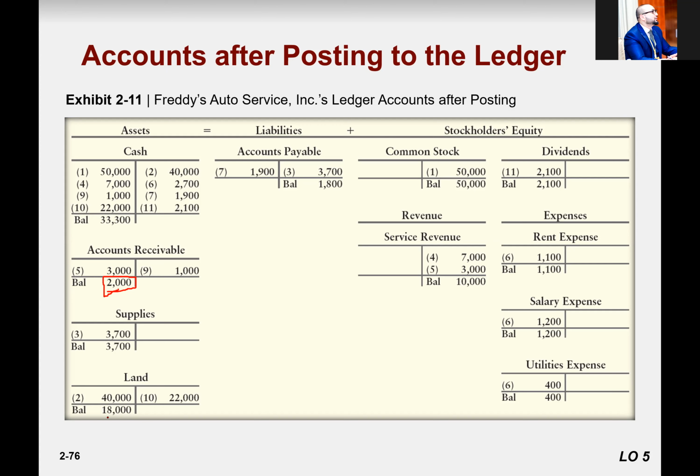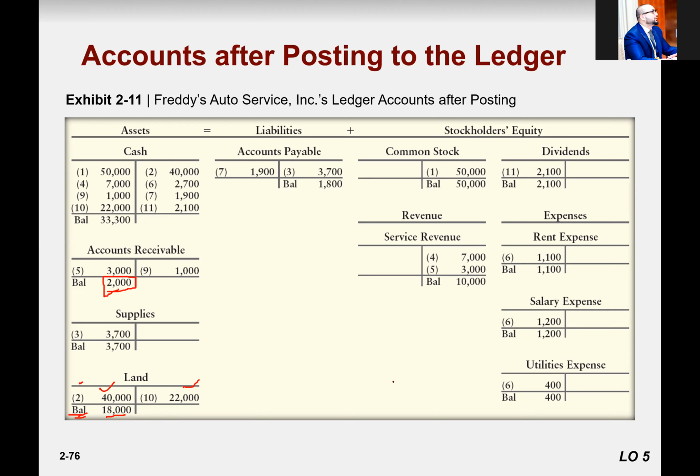So where this 18,000 came from? So you see, 40,000 is the debit side, 22,000 is the credit side. So which side is greater? The debit side. It means balance should be written on debit side. So how much? The debit side is greater than the credit side. 40,000 minus 22,000, answer is 18,000.